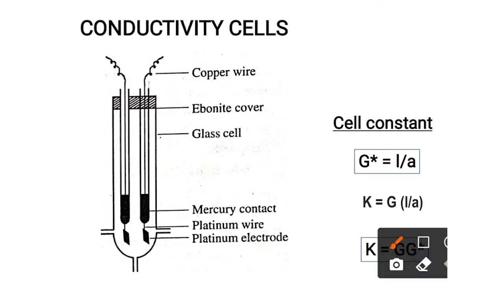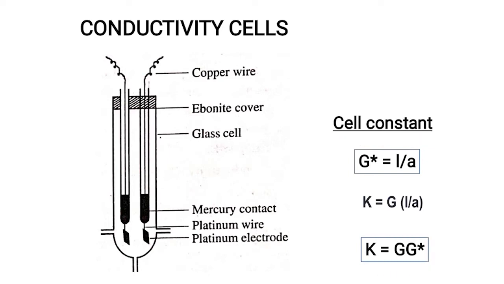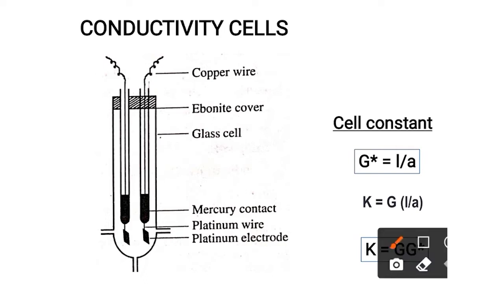Next is cell constant. Cell constant is the ratio of the distance between two electrodes in a conductivity cell to the area of cross-section of the electrode. It is denoted as G star.